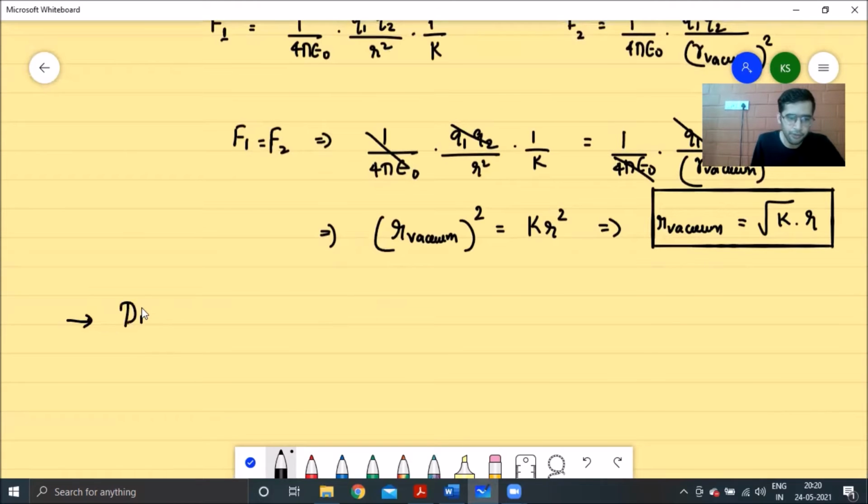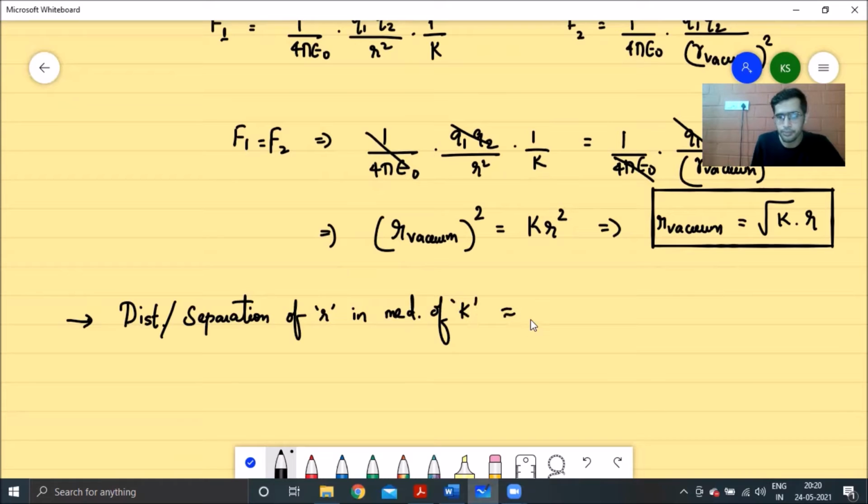That is, a separation of R in a medium of dielectric constant K is equivalent to a separation of under root of K into R in vacuum.